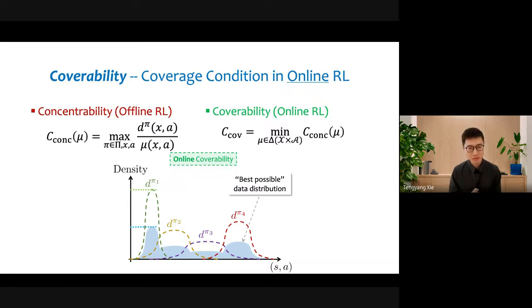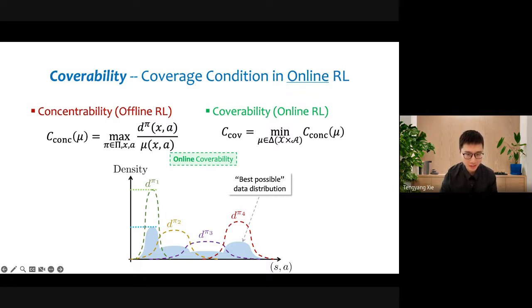The idea behind coverability is to measure how difficult it is for our MDP to be covered. We would argue that it should play the role of a complexity measure of our MDP. For example, in this case, imagine if our four policies have a large overlap; then it should be easy to find a distribution with a small ratio, which means the problem is easier.